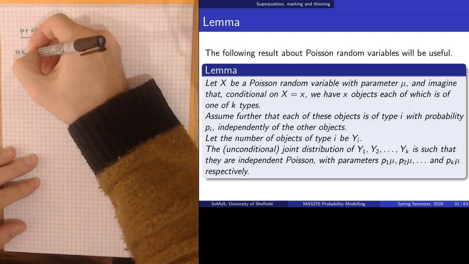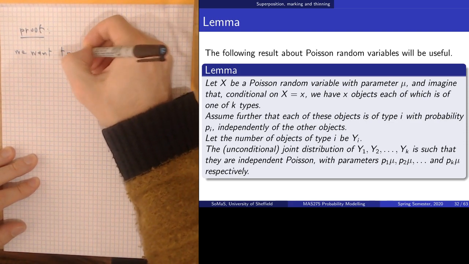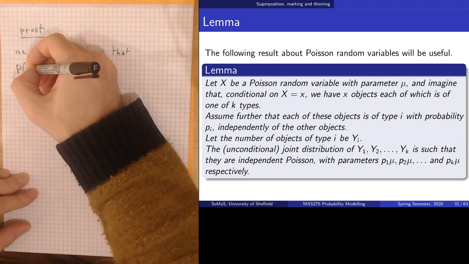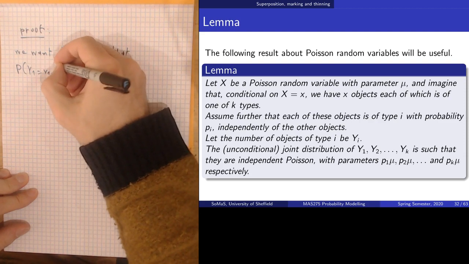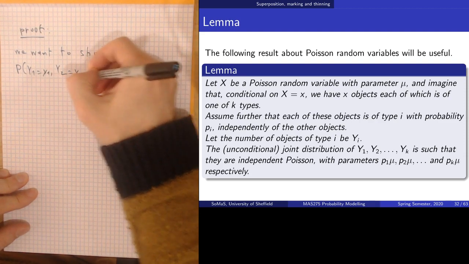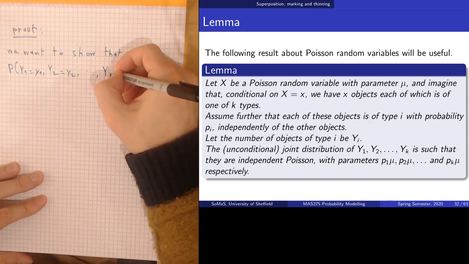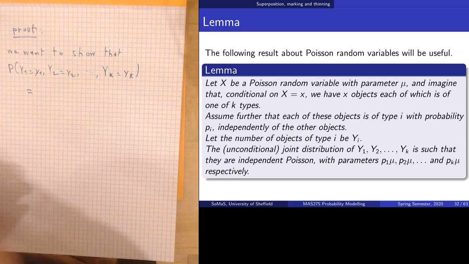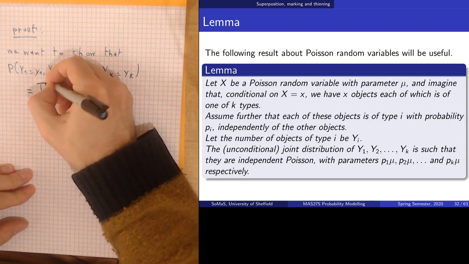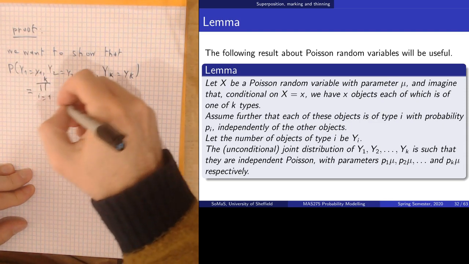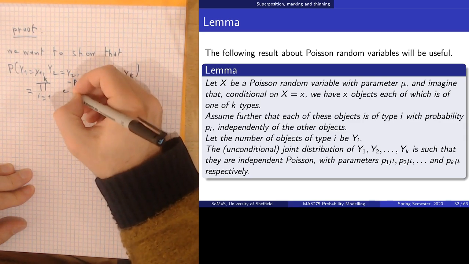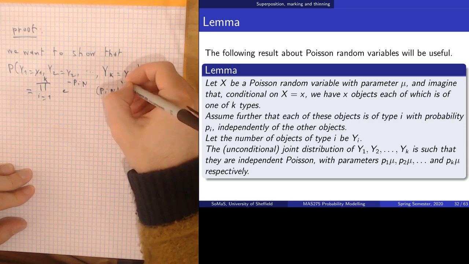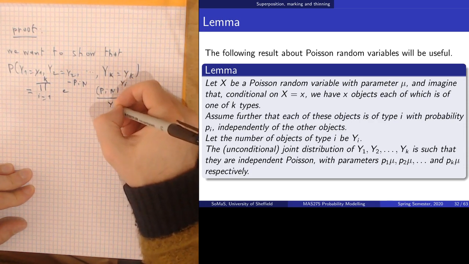We want to show that the probability of Y_1 equals little y_1, Y_2 equals little y_2, and so on all the way to k, is equal to, I write it as a product, the product for i equals 1 to k of e to the minus p_i mu times (p_i mu) to the power y_i divided by factorial of y_i.